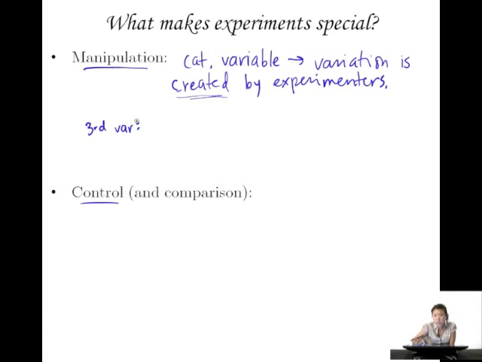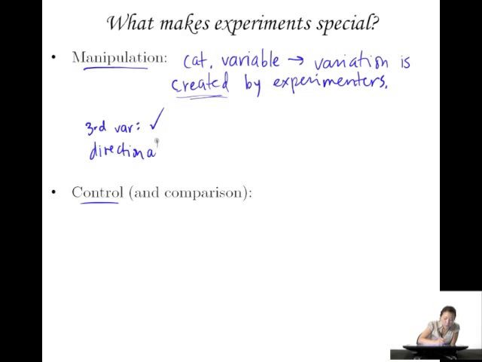The experimenters didn't do anything to that second variable, but if it changes after the man-made change, then you know that it's caused by that change, because all other things stayed the same, right? Their level of education and their socioeconomic status, everything else remained the same. The only thing that changed was the introduction of that radio, right? So they address the third variable problem. Check, right? What about directionality?